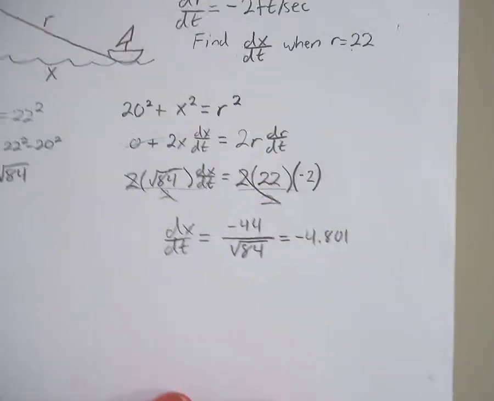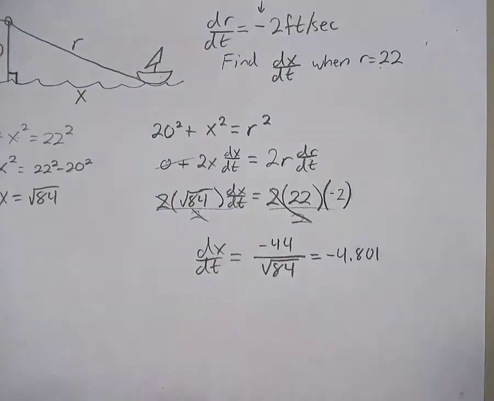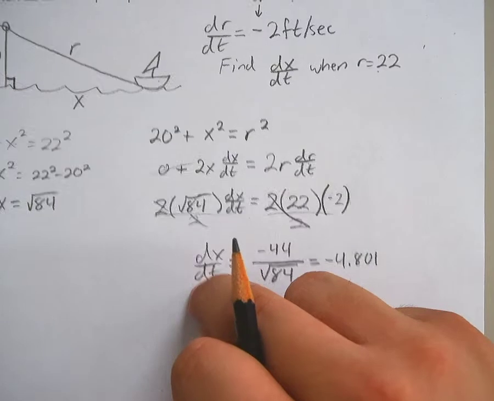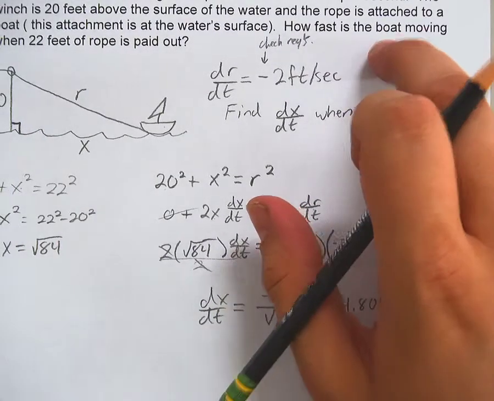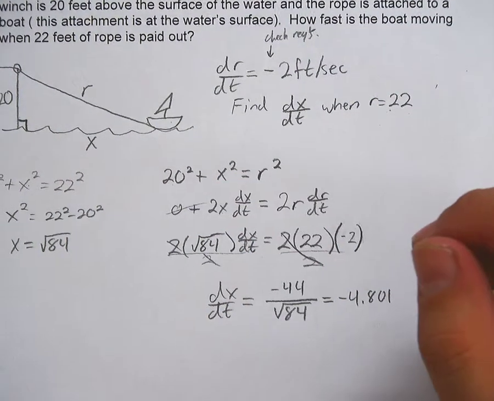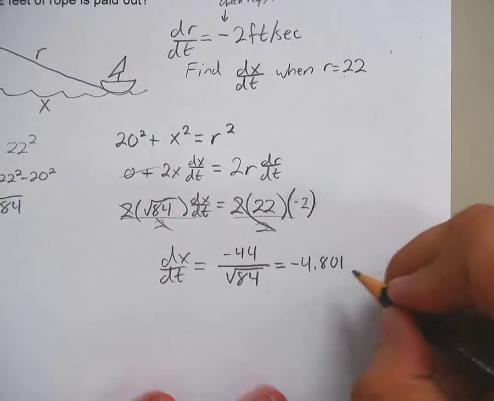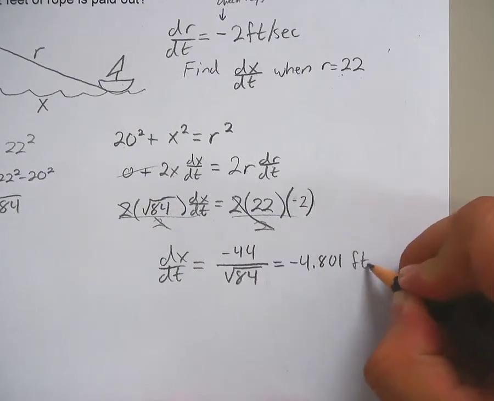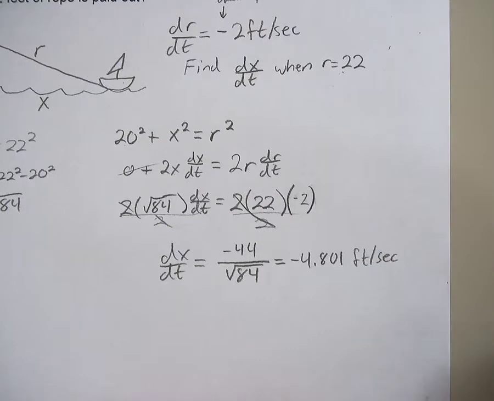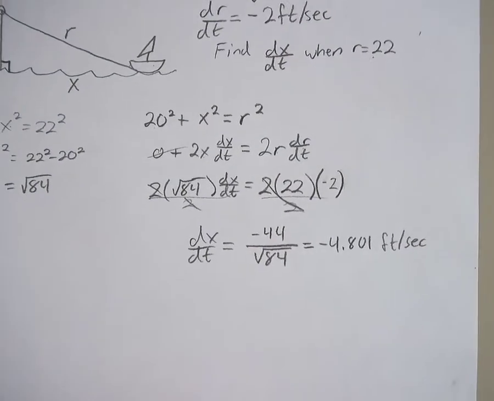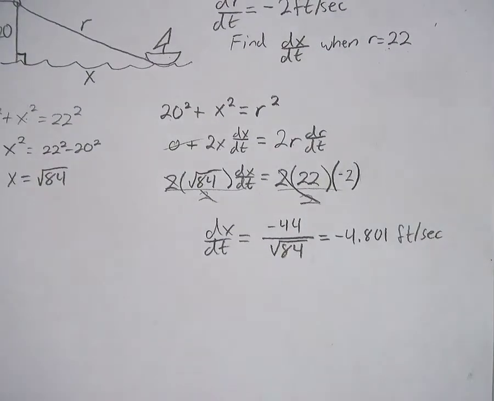Now, what is this? What is changing here? dx/dt represents what? It represents how fast the boat is moving towards the dock. So this would be a rate then in feet per second. So again, remember what I said about applying this? If we can't apply this to real life, then it doesn't make sense to learn it.